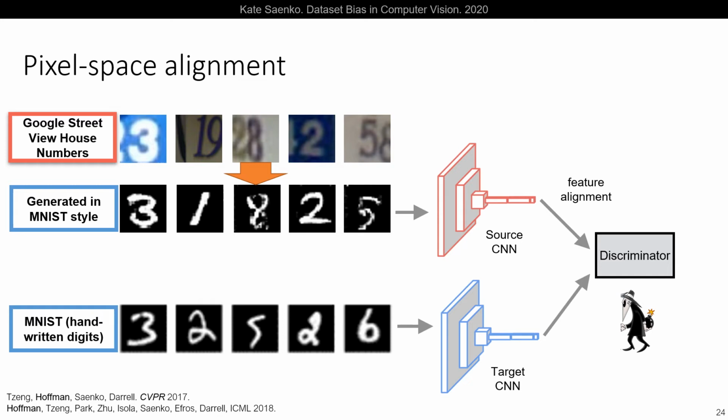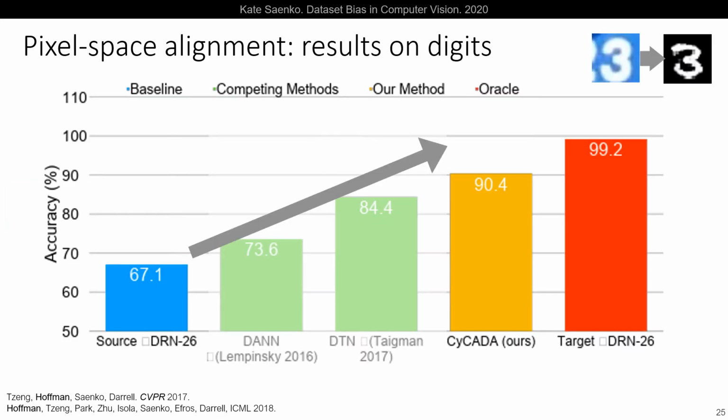So combining these two techniques, pixel space and feature space alignment, turns out that that improves performance. Here's the performance on that Street View to MNIST shift. And comparing to source only or some of the previous methods, you can see that our method, we call this method Cicada, the one that combines pixel and feature alignment, improved performance significantly.